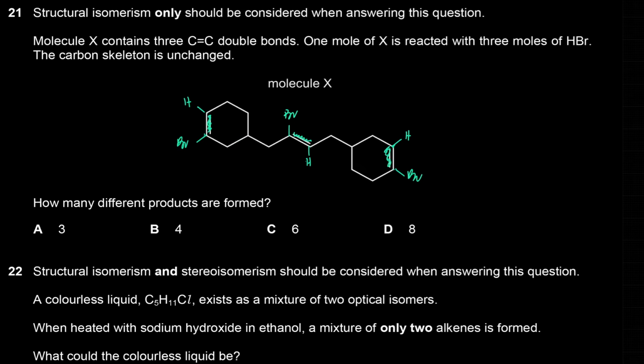The last possibility is that on the first side the hydrogen is closer and the bromine is further away, and on the other side the bromine is closer and the hydrogen is further away. So we have a total of 4 possibilities.